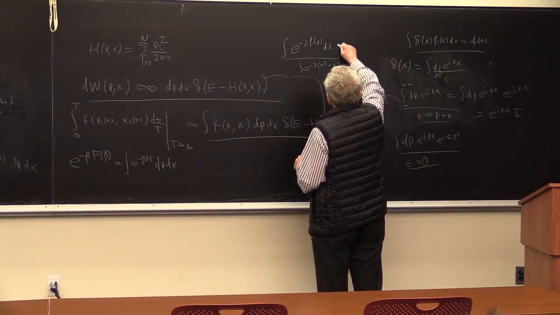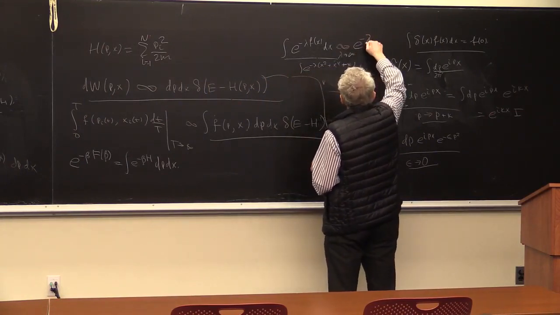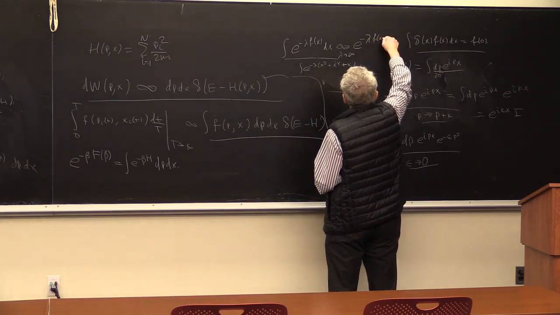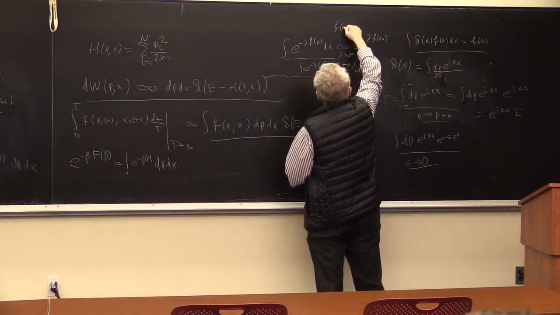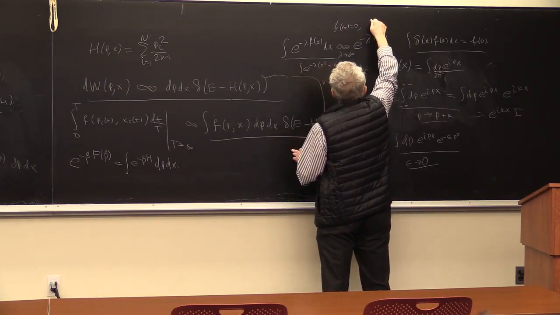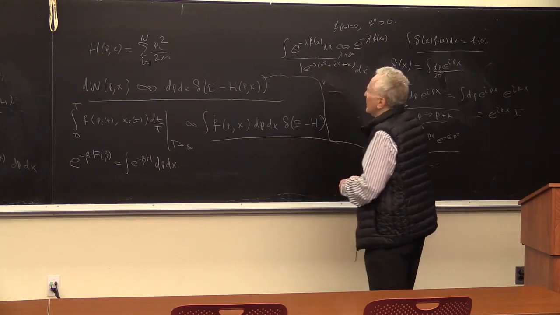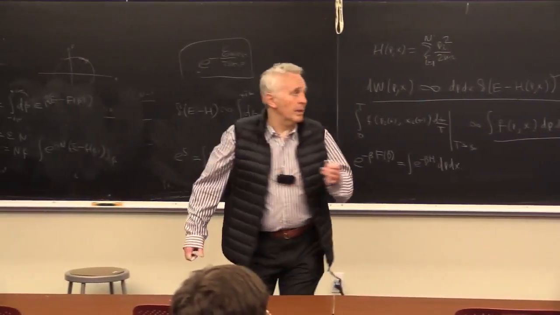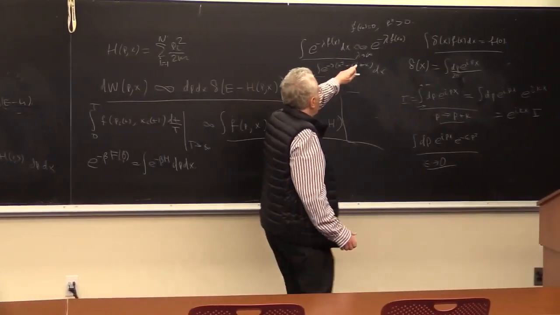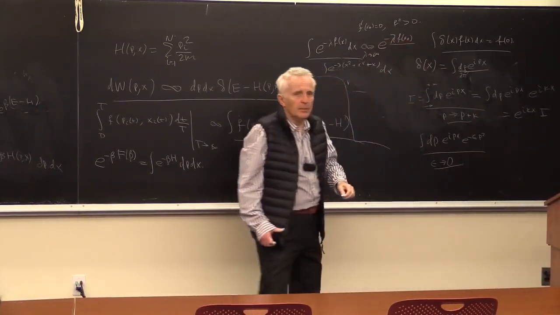The leading asymptotic behavior is lambda f of x0, provided that f prime of x0 is 0 and f double prime is greater than 0 at this point. There are, of course, also some pre-exponential terms, but we are interested only in the exponential ones.